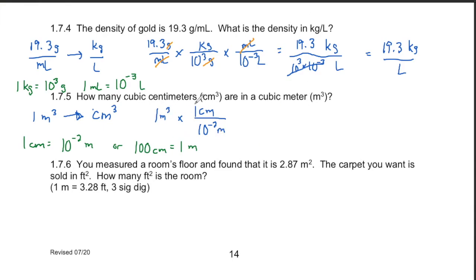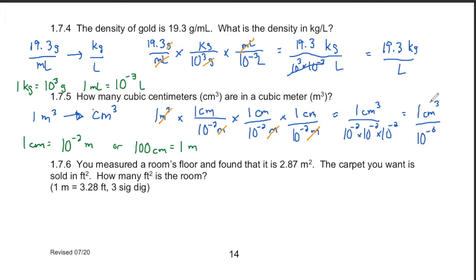So what we need to do is either cube this conversion factor or use it 3 times, whichever one is easier for you. When we do that, we have canceled meters cubed. We've canceled meters 3 times, and we end up with our cubic centimeters.